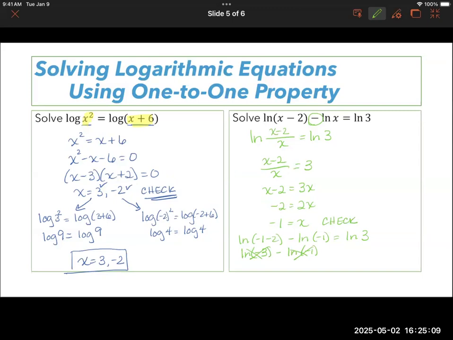Those are not possible. So as long as you get any part of the equation that cannot be evaluated, you cannot use that value for a solution. And since negative 1 was the only x value we came up with, that means there is no solution to this equation.